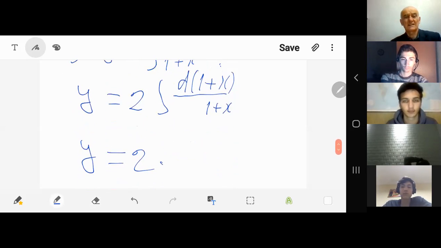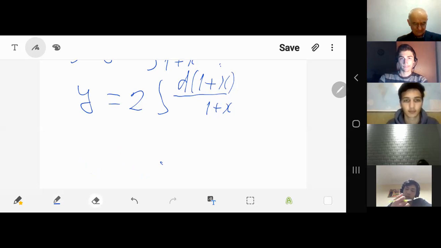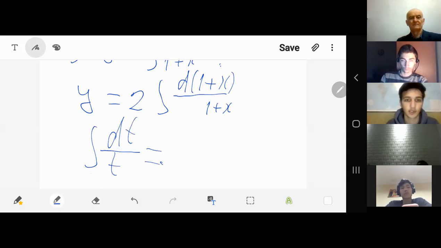Okay, now what is this integral, d(1 plus x) over 1 plus x? It's close to a basic integral, but we need some imagination. We need to imagine that 1 plus x is t. Then the integral of dt over t is ln t.